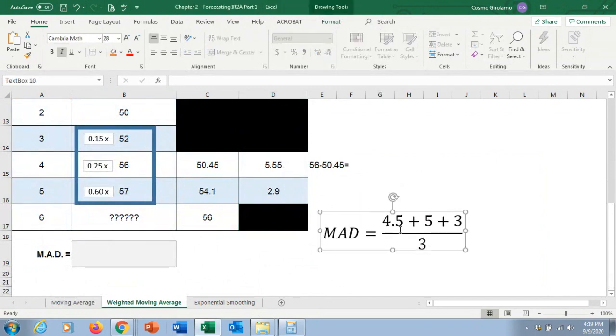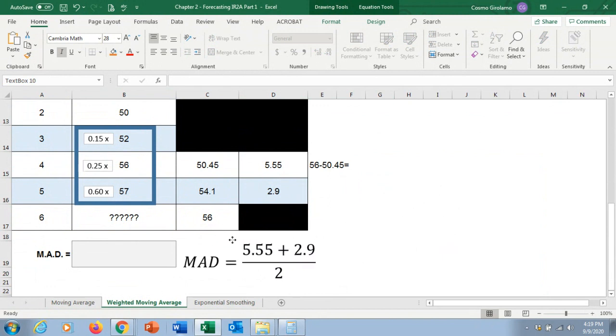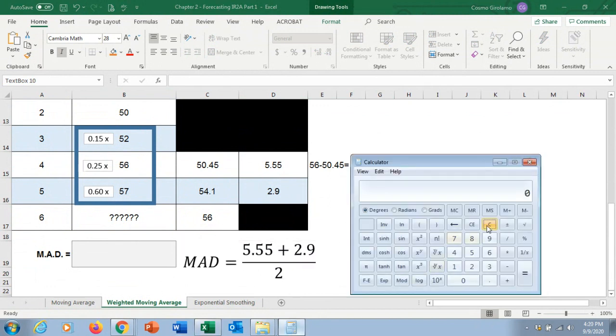We take our two absolute deviations, which in this case is 5.55, 2.9. Since there's only two terms here, we divide by 2. So that's our MAD. Plug that into our calculator, we get 5.55 plus 2.9 divided by 2. We get 4.23.